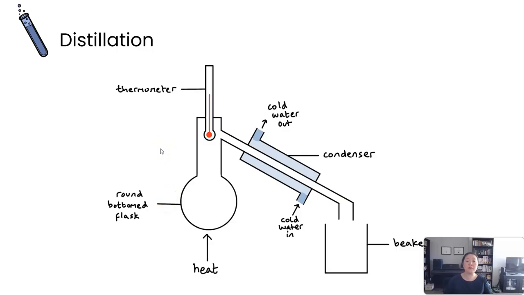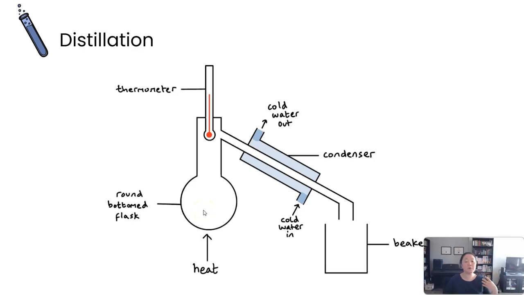You're also going to have a thermometer, which is going to help you keep track of what's going on and when things are happening as well. The top of the flask is going to be sealed up, so anything that is going to leave this flask is going to be leaving through this particular tube, and you're going to want a beaker at the end to collect everything that comes out of it.